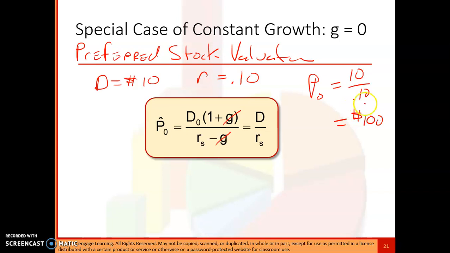There is an example in your homework where you're given a par value and a dividend rate, and the dividend is equal to the par times the dividend rate. So you just calculate what that dividend is, but it's not going to change over time.